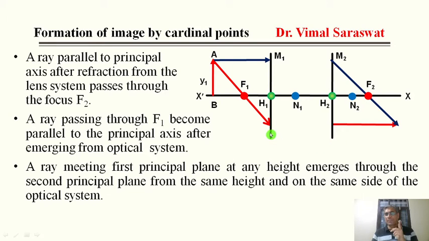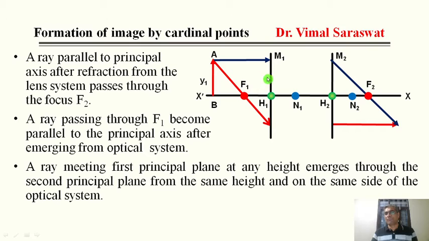This is our first principal plane and this is the second principal plane. So, ray AM1 is incident on point M1 on the first principal plane, and after refraction from this optical system, it emerges from the same height from the second principal plane.